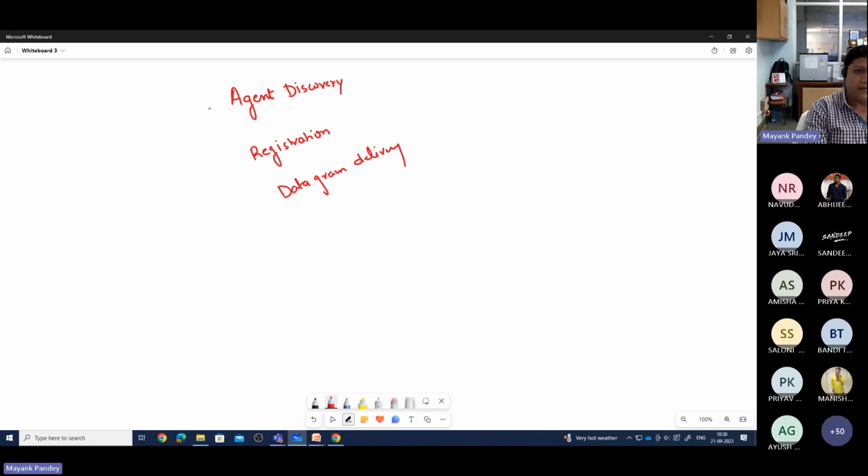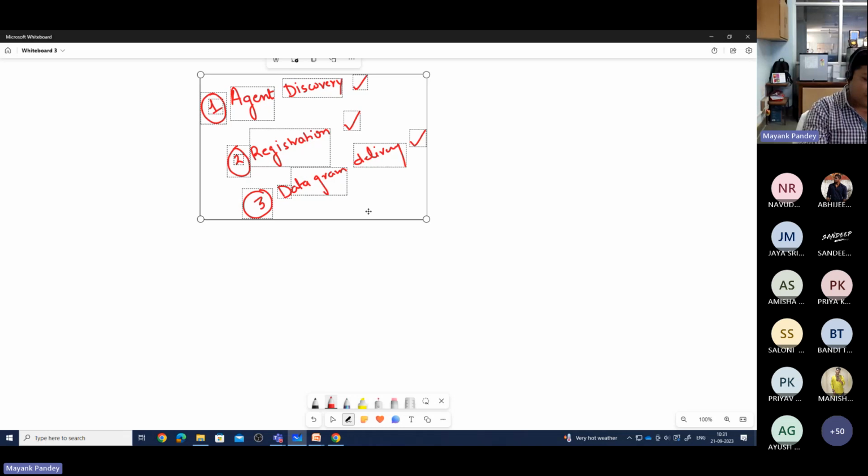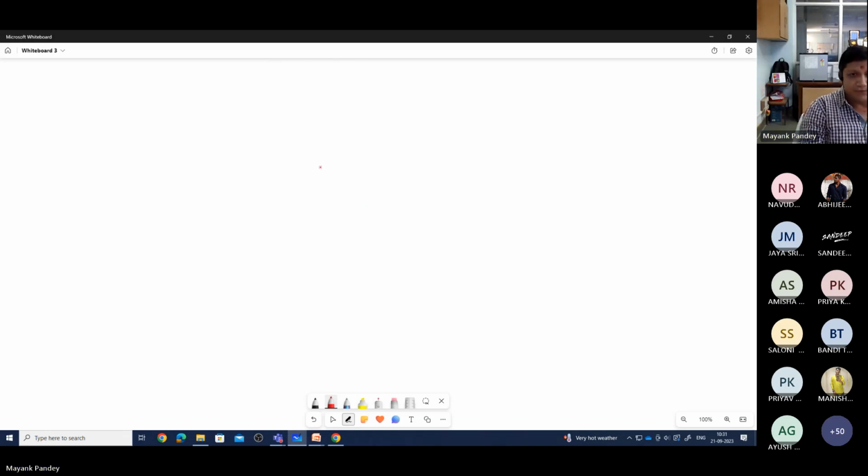There are these three processes, 1, 2, and 3, and we'll be discussing each of them one by one: agent discovery, registration, and datagram delivery. So first of all, let's take agent discovery.